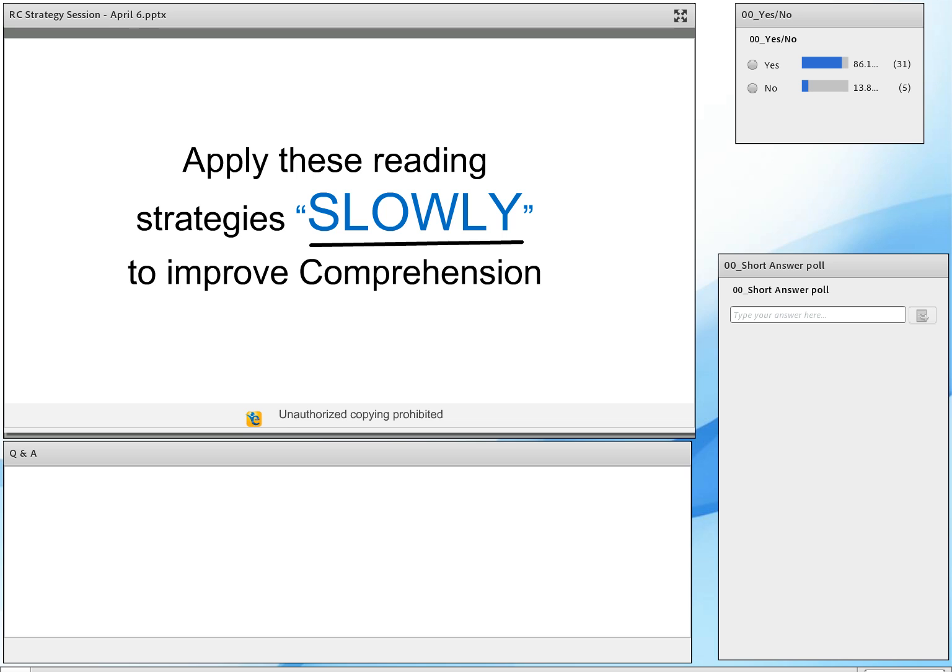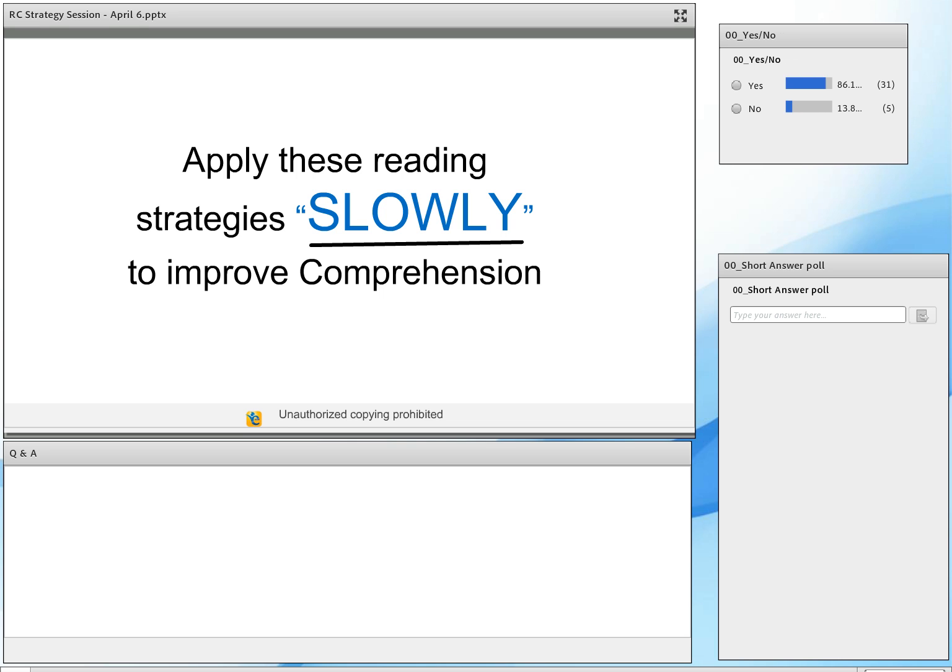Let me ask you one question. How many of you believe that comprehension is the key to reading comprehension? Almost everyone, except for 5 people here. I'm not sure why they don't believe that comprehension is the key to acing reading comprehension.